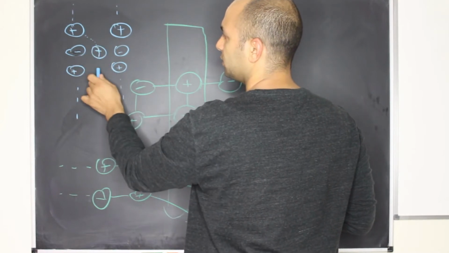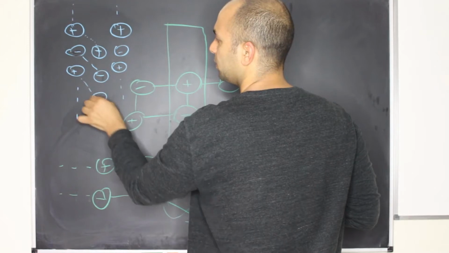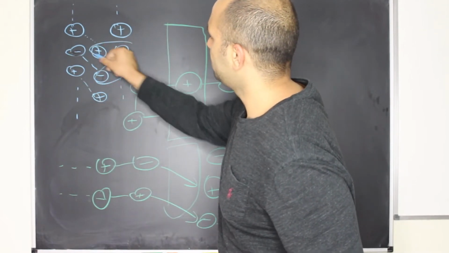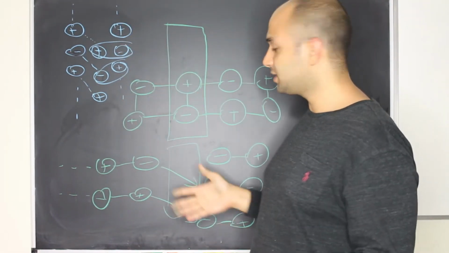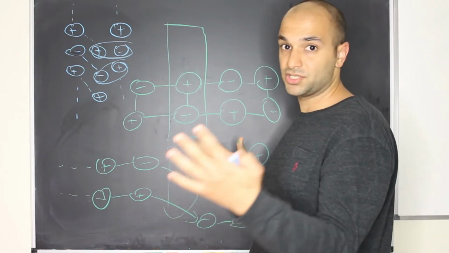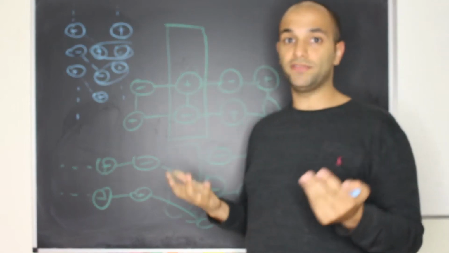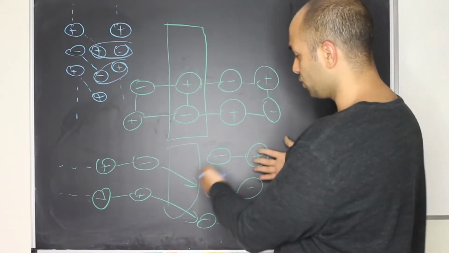You're going to get something like that, plus, minus, and then plus, and these guys are going to be attracted to each other and they're going to be stuck together. So actually we see that if you remove a layer of atoms, the atoms just stick together. The atoms just shift by a little bit, and then you won't even notice what happened if the crystal was already arranged in this ordered way.